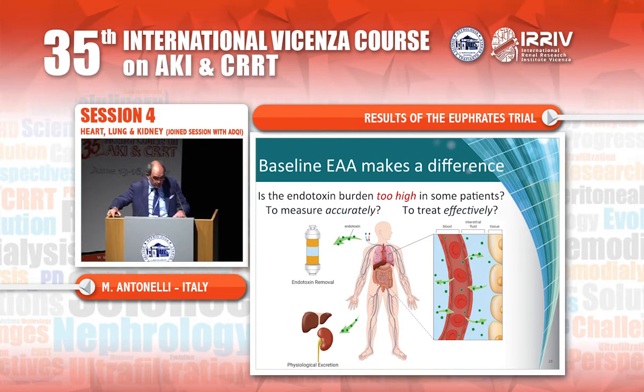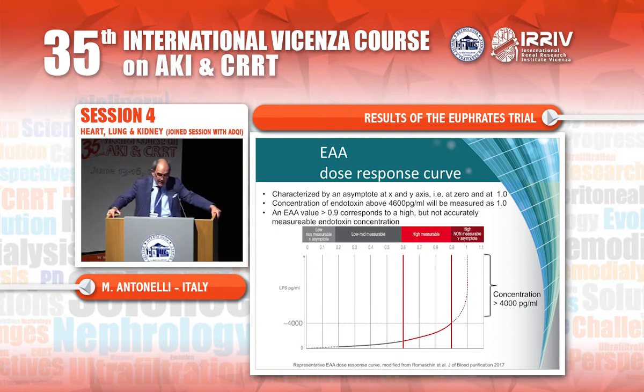Indeed, there is a sort of balance that implies the different distribution of endotoxin through the endotoxin removal, the physiological excretion, and the volume distribution within the body, in the tissue, the interstitial fluid, and the blood. So a number of differences that may have influenced part of these results.